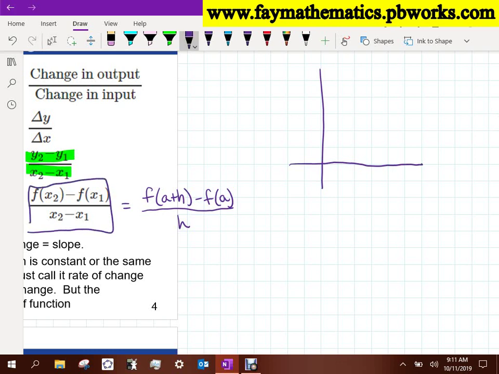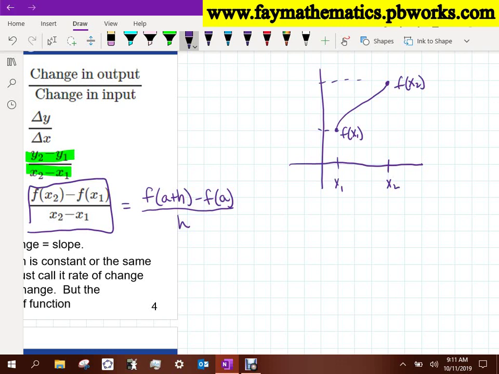It's saying you have an x sub 2 and you have an x sub 1, okay? And maybe your graph is doing something like that, but this would be f of x sub 2, and this would be f of x sub 1, right? That's what those y values are, okay? So we take this y value minus that y value, and then divide it by the x value that created this y value minus the x value that created that y value, right?